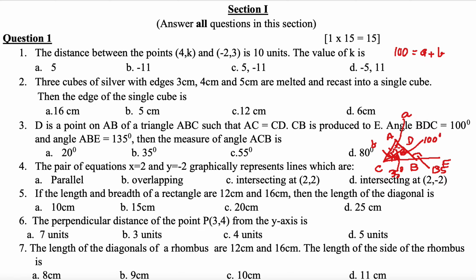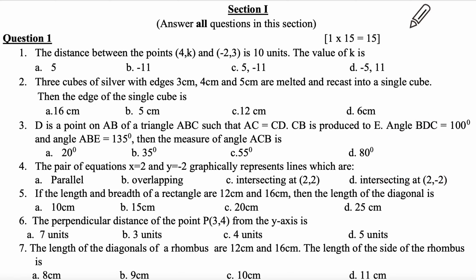Let me just draw a slightly bigger diagram and check it this way. A, B, C. D is the point over here, such that this is equal to this. Okay, and CB is produced. So this one is 135.